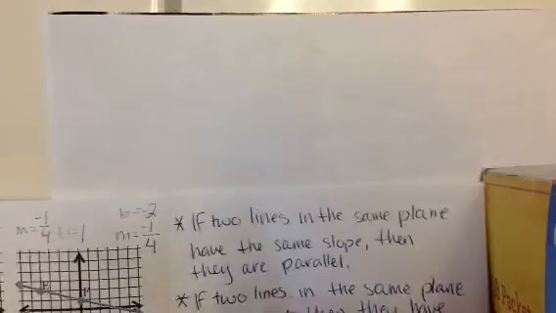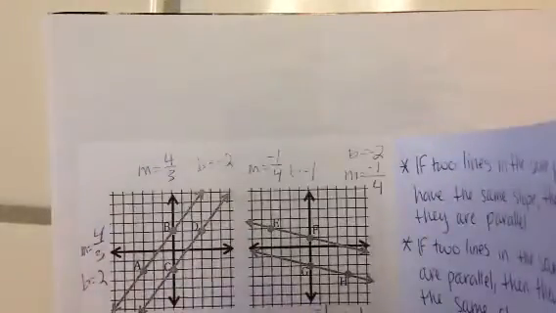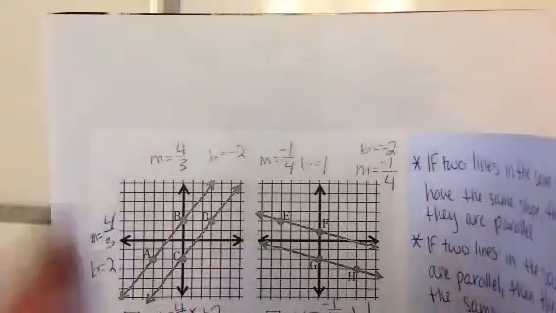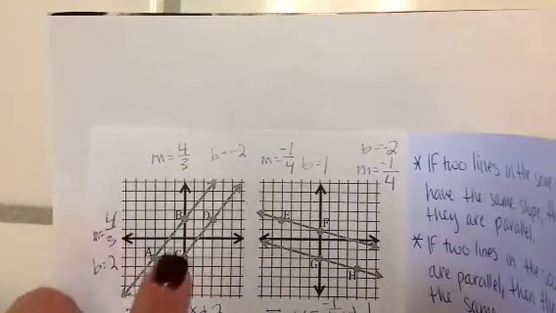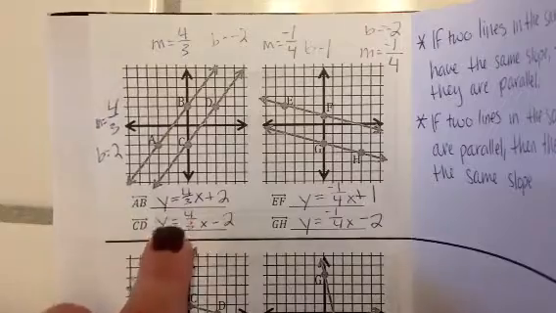So if we were to look at just the graphs first, these are both parallel. So they must then have the same slope.